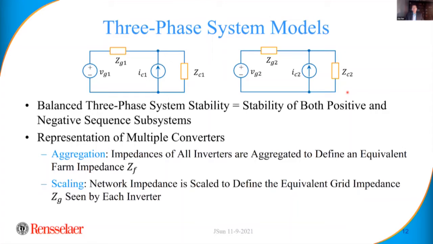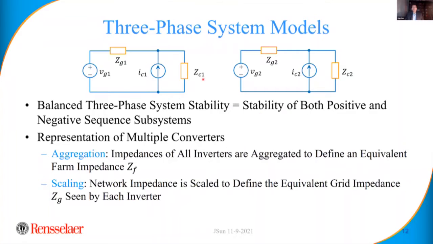And the stability of the three-phase system is equivalent to the stability of both positive and negative sequence subsystems. So you have to have both sequence subsystems stable in order to guarantee the three-phase stability, right? If you have instability in the negative sequence, you're going to observe that in actual operation, also in the negative sequence. So this is how we apply the method to three-phase converters and systems.